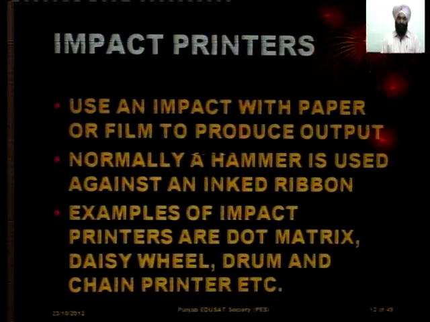Mostly cloth ribbon is used, which is inked, and normally a hammer is used for impact of that inked ribbon on the paper, so the dots are colored according to the requirement. The examples of impact printers are dot matrix, daisy wheel, drum and chain printer, etc.